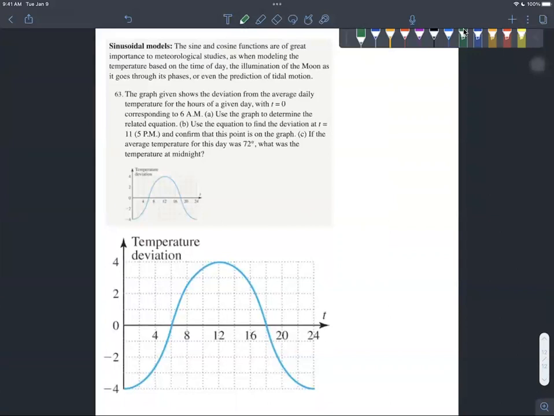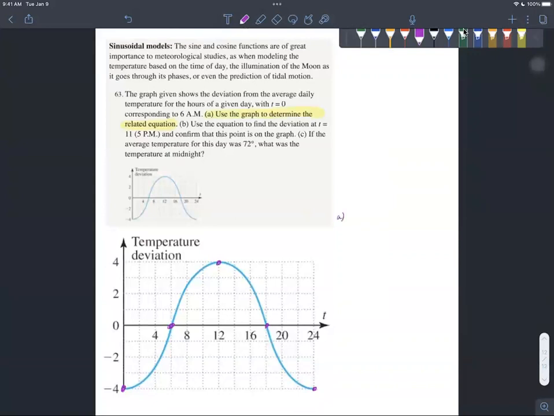So 3 different parts. First of all, part A, it says use the graph to determine the related equation. This is a nice one here because we are starting here at a negative value. So what function might this be here? I'll give you a moment to think about it. What function do you think this is?